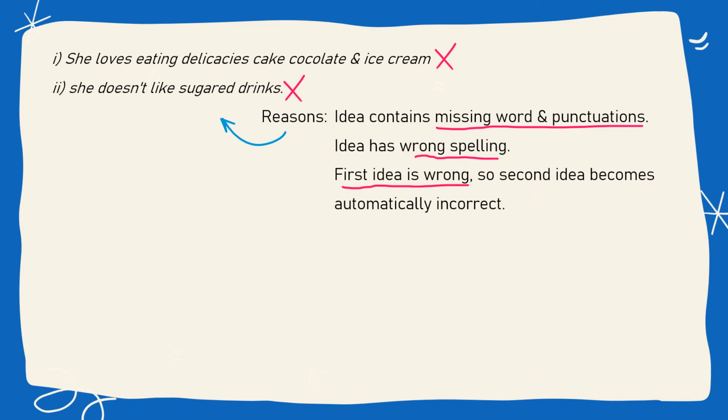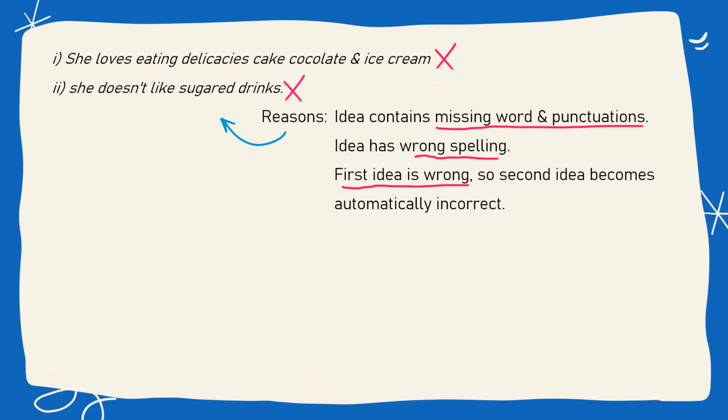So here is the reason. As I mentioned earlier, the idea contains a missing word and punctuation. The idea has wrong spelling. Which one is wrong? Yes, the word chocolate. Wrong spelling. It's supposed to be C-H-O. And then the first idea is wrong, so the second idea becomes automatically incorrect.